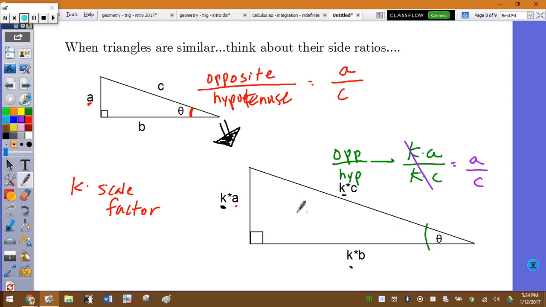So the ratio within this particular shape, not from one shape to the other, the opposite to hypotenuse ratio is a over c. And that's irrespective of what k actually is. I could have made this a ginormous similar triangle, but it's still opposite over hypotenuse, a over c.